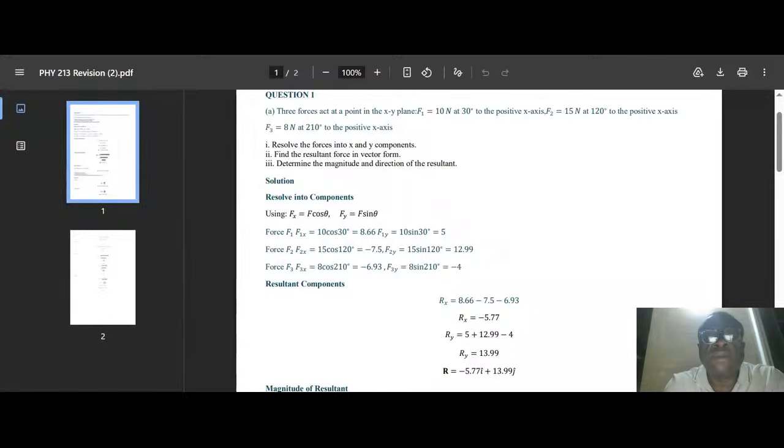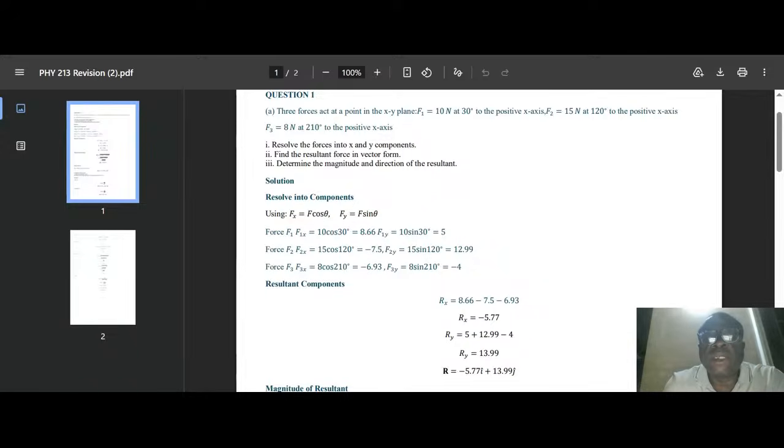And F3, 8 Newton at 210 degrees to the positive x-axis. The first question is resolve the forces into x and y components. 2, find the resultant force in the vector form. 3, determine the magnitude and direction of the resultant.